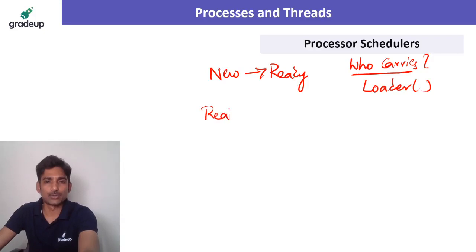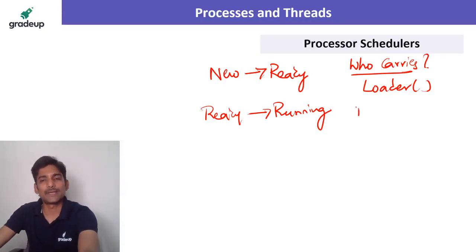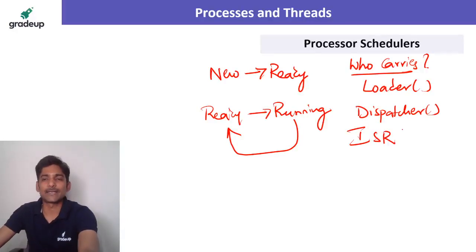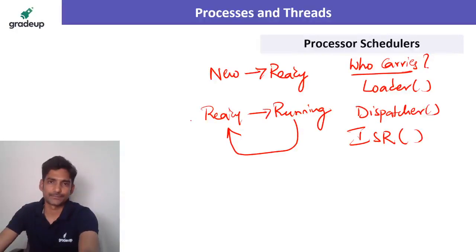Ready state to running state will be carried by dispatcher. Running state to ready state will be carried by the interrupt service routine. The interrupt handler program will perform this.